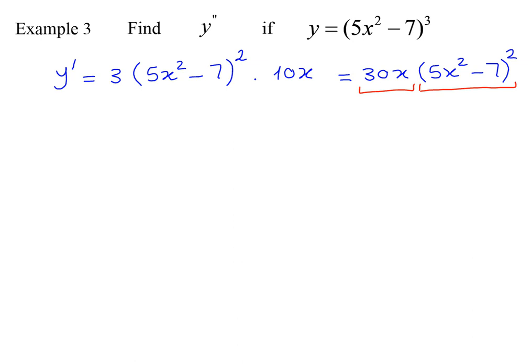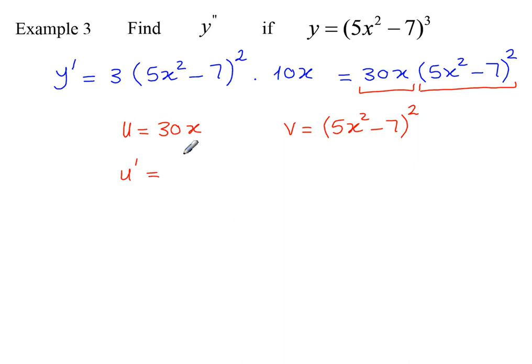So we'll have to consider the product rule. As we learned before, if I choose u to be the first function, 30x, and v is the second function, which is 5x squared minus 7 all to the power of 2.